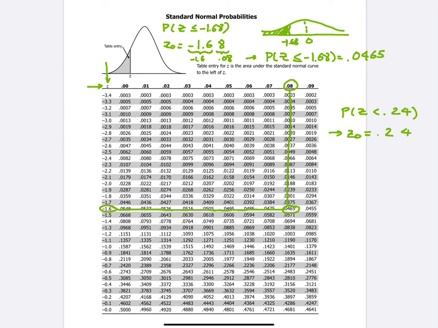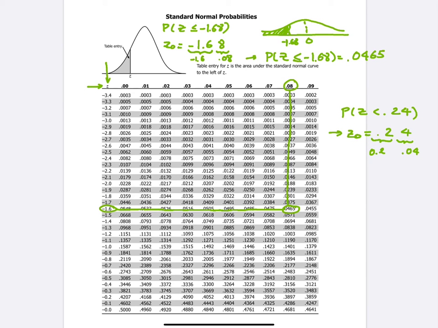And again, we want to split this number into two parts, right? The first part contains the whole number portion and the first digit after the decimal point. Okay, so that's the first part. The second part contains the second digit after the decimal point. And so in this case, we have the first part being 0.2 and then the second part being 0.04.